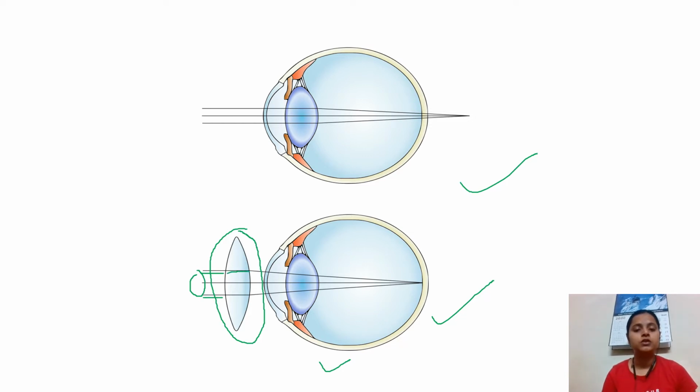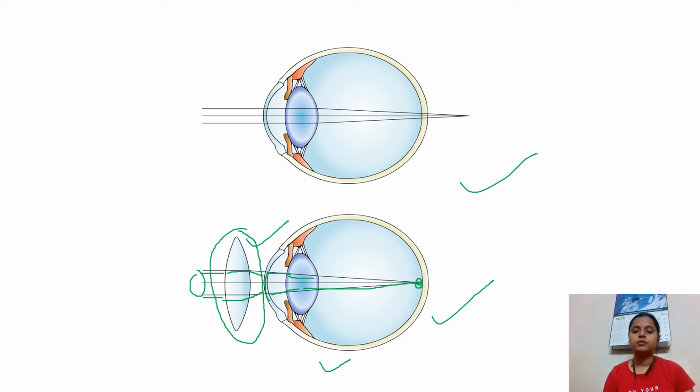This lens converges the rays of light, and they go to the cornea, and from the cornea to the pupil. From the pupil it goes to the aqueous humor, then to the vitreous humor, and it converges on the retina and the image is formed on the retina. This is how this lens is used for correcting the hypermetropia. I hope this diagram is clear to you.